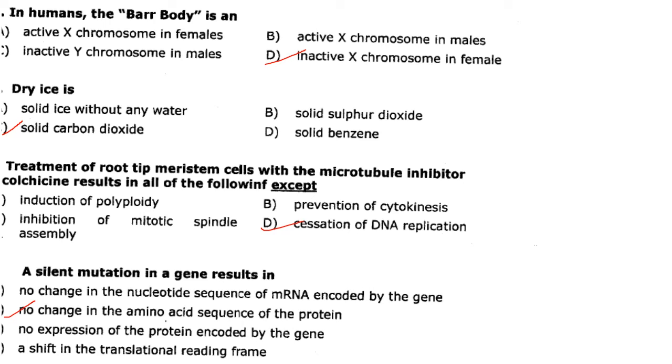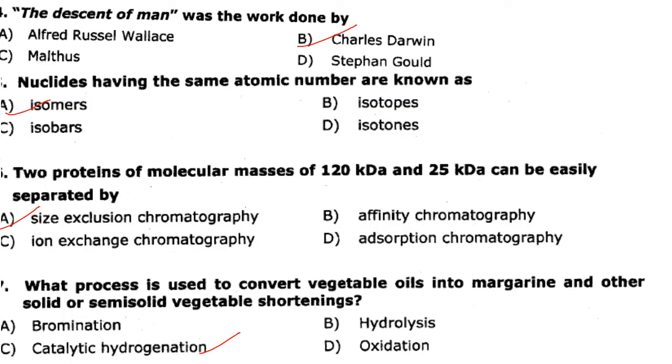A silent mutation in a gene results in no change in the amino acid sequence of the protein. Then The Descent of Man was written by Charles Darwin. Then nuclides having the same atomic number are known as isomers.